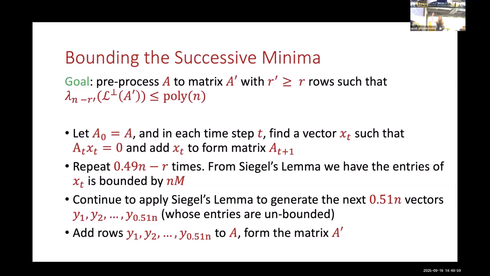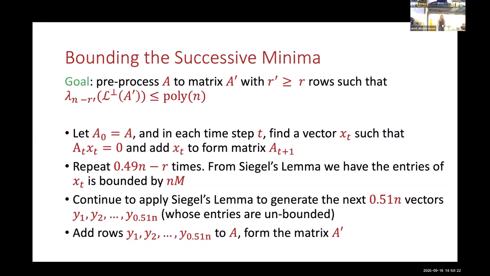After we do this, just by definition of how we did this, the vectors in the orthogonal lattice to the row space of A prime will be exactly the x_t's, and they have poly-bounded entries. So basically, after this preprocessing, we achieved the goal that lambda max of the orthogonal lattice is bounded by poly(nm). Any questions about this?